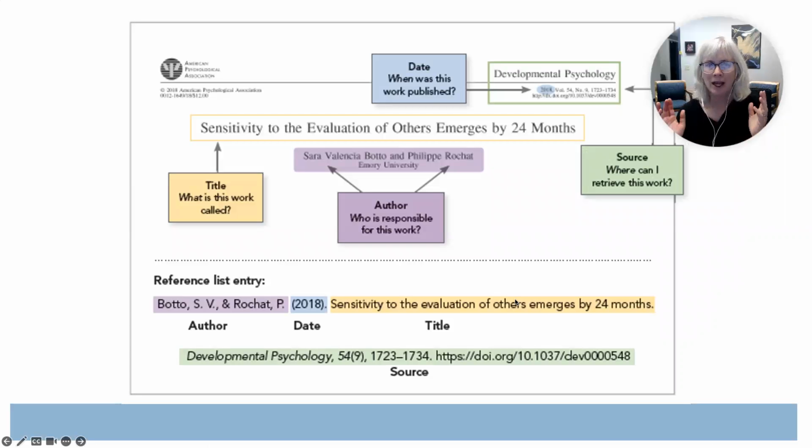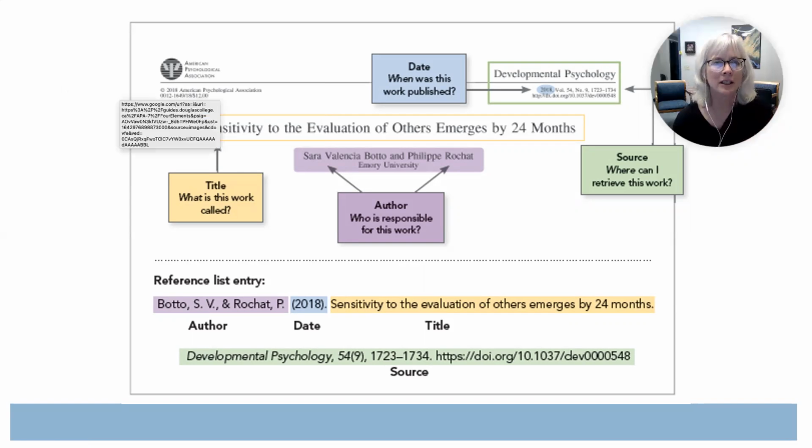So we talked about this a little bit. We talked about this top piece in the last video. So you want to be paying attention to where an article is published. So in this case, it's developmental psychology.